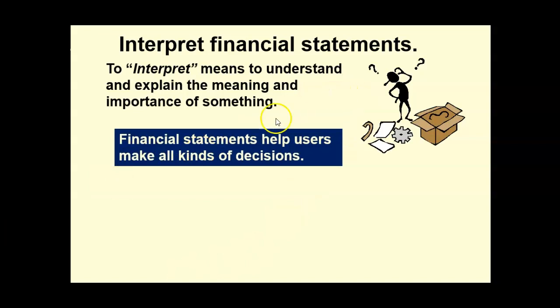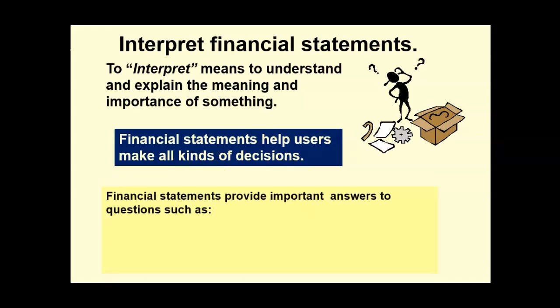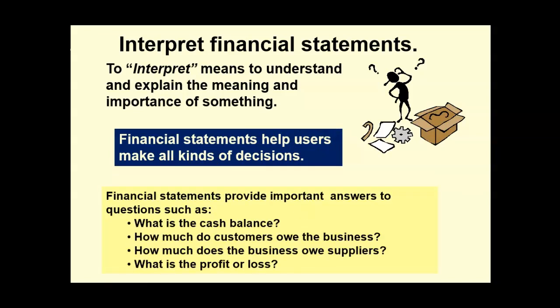These statements are used to help users make all kinds of decisions. For example, we may have questions on what is our cash balance, how much money do our customers owe us, how much we owe our suppliers, did we make a profit or did we make a loss over a specified time period?